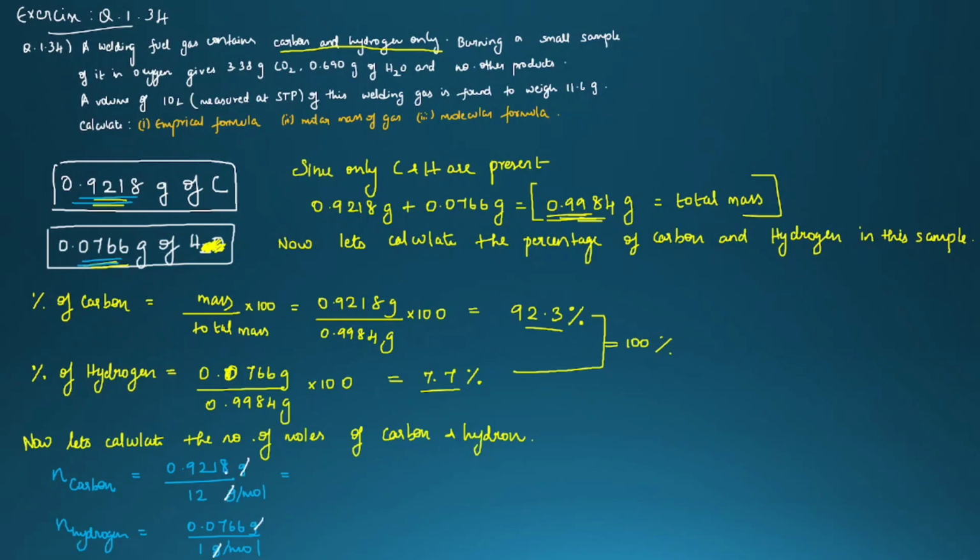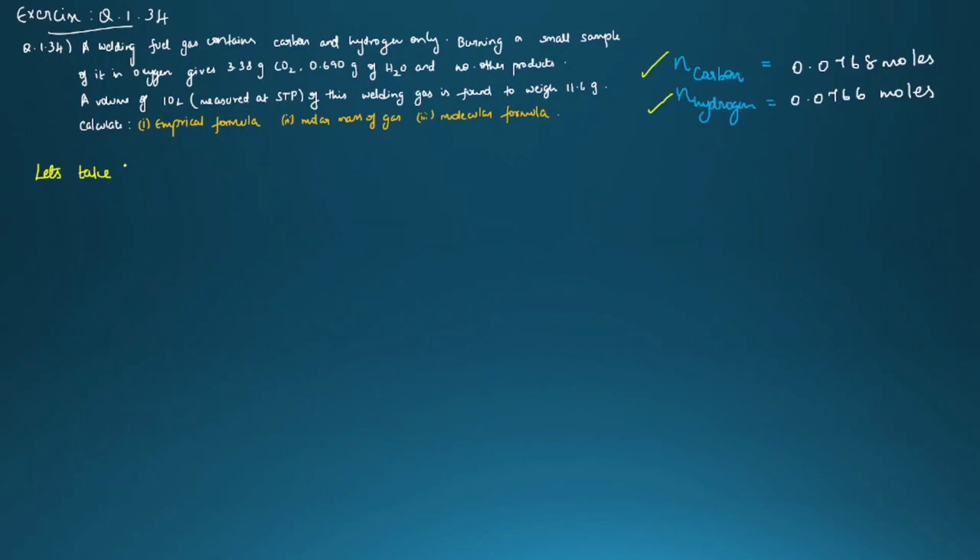Gram gets cancelled, and we'll get the final answer: the number of moles of carbon will be 0.0768 moles, and likewise for the number of moles of hydrogen we'll get 0.0766 moles. So if we see, both the numbers of moles are almost the same. Let us now take the ratio of the number of moles of carbon and number of moles of hydrogen.